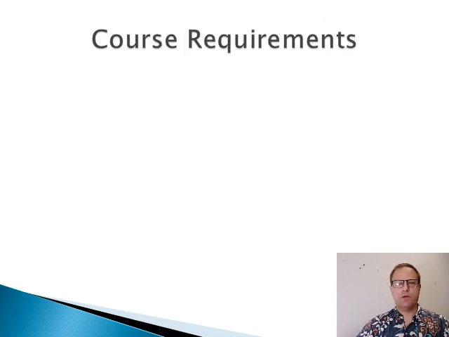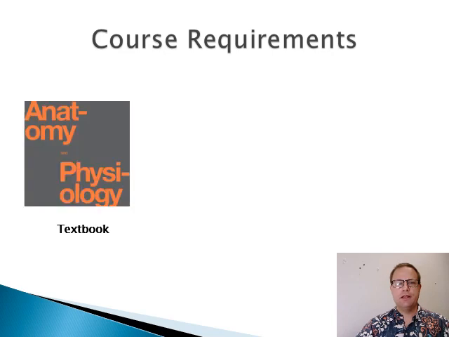Okay, let's talk about the course requirements. First of all, you will need a textbook for the course. Fortunately, the textbook we have is the OpenStax Anatomy and Physiology. This is available online. I've sent you a link on the course website. You can also just Google OpenStax Anatomy and Physiology. If you feel that you need a print textbook, you can go to the bookstore, or probably better to go on Amazon.com and get a print copy for about $50.